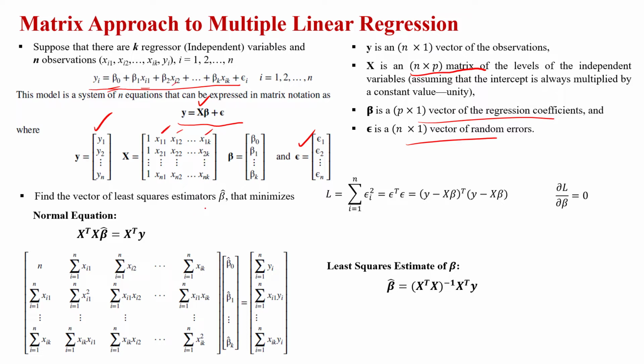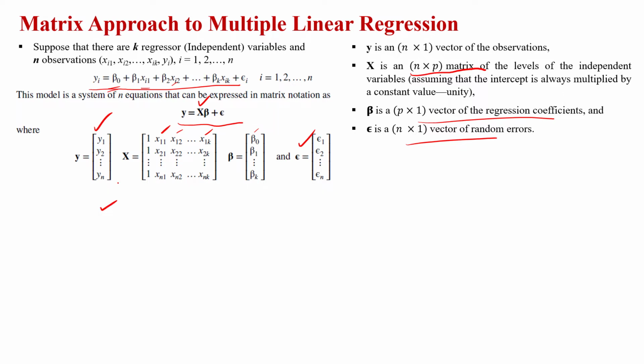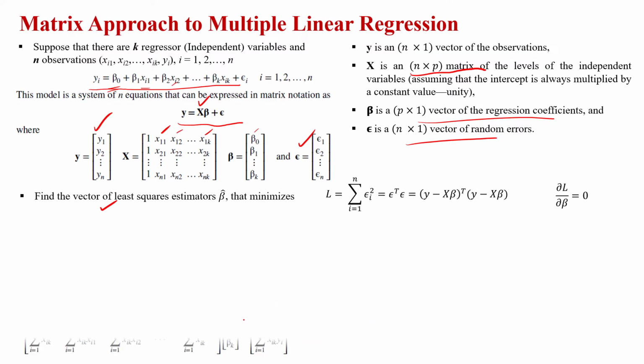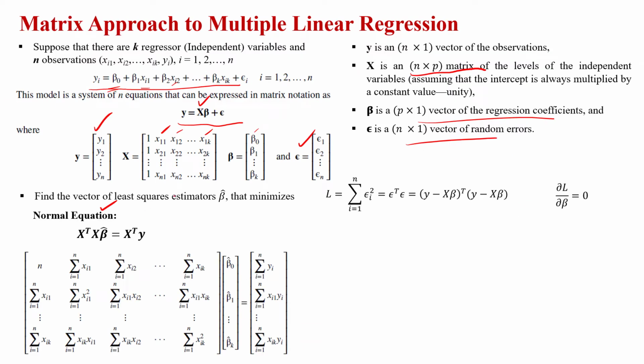Now, in order to find the values of beta naught, beta 1 up to beta k, we can represent the normal equations which we have shown over here. These are called the normal equations. How can we represent those equations in the form of matrices? That means x transpose into x.